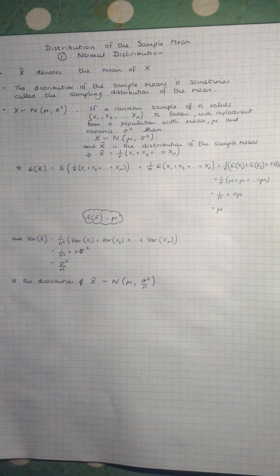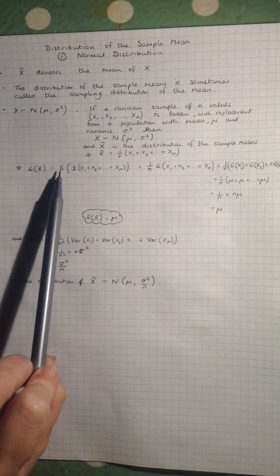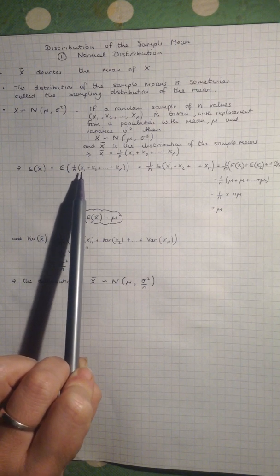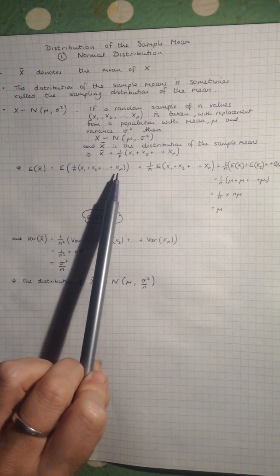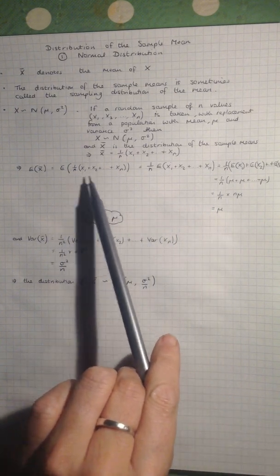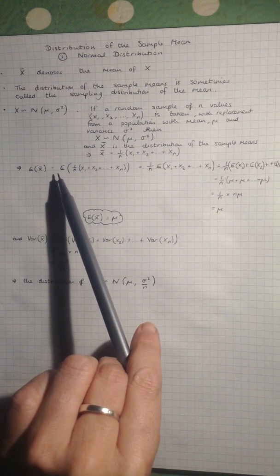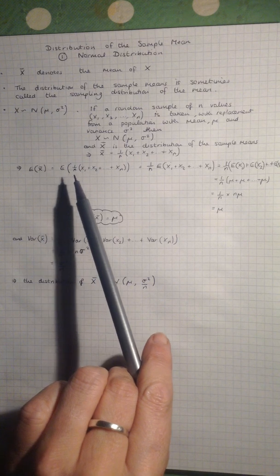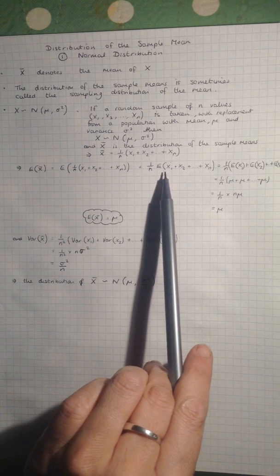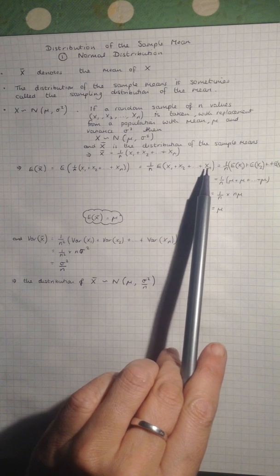Looking at E of x bar, we can expand that into the expectation of what x bar is equal to, so 1 over n times x1 plus x2 all the way up to plus xn. And then using our linear combination knowledge, we know that 1 over n is just a number, so we know that E of ax is equal to a E of x, so we can pull out the 1 over n, and then we get E of x1 plus x2 plus all the way up to plus xn.